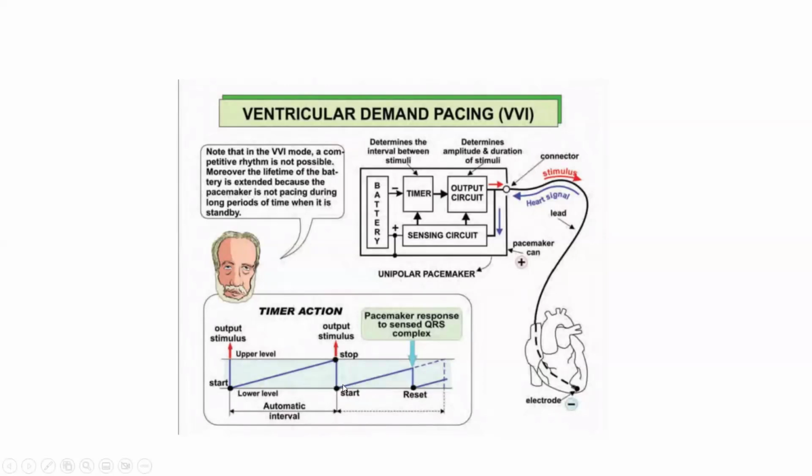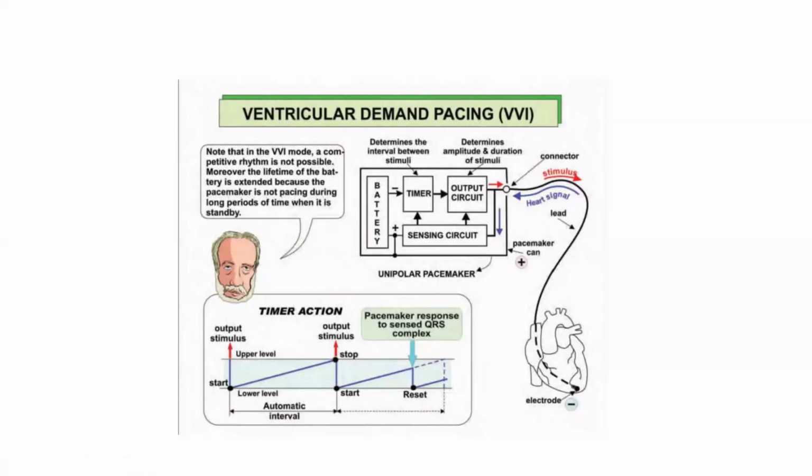If the pacemaker starts counting and senses a QRS complex, the heart contracted, the pacemaker will inhibit its impulse, stop counting, and start counting from zero. Reset. And this defines the inhibitory response, which gives us the letter I in the third position of the naming of the pacemaker. So here we introduced the sensing.